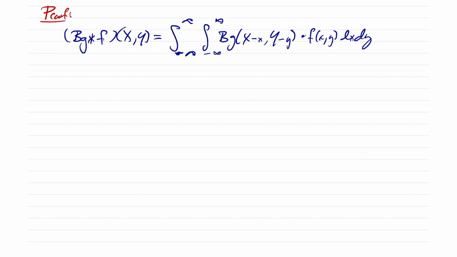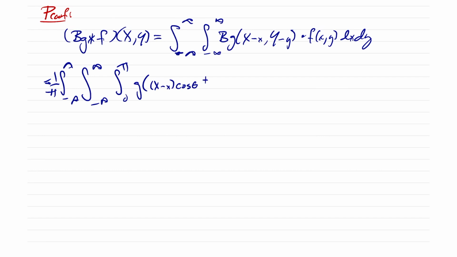But in any case, if we expand G with the back projection, this is what we get: the integral from negative infinity to infinity, the integral from negative infinity to infinity of 1 over pi times the integral from 0 to pi of g of big X minus little x times cosine of theta plus big Y minus little y times sine of theta, comma theta, d theta, and then this whole thing times f of xy dx dy.